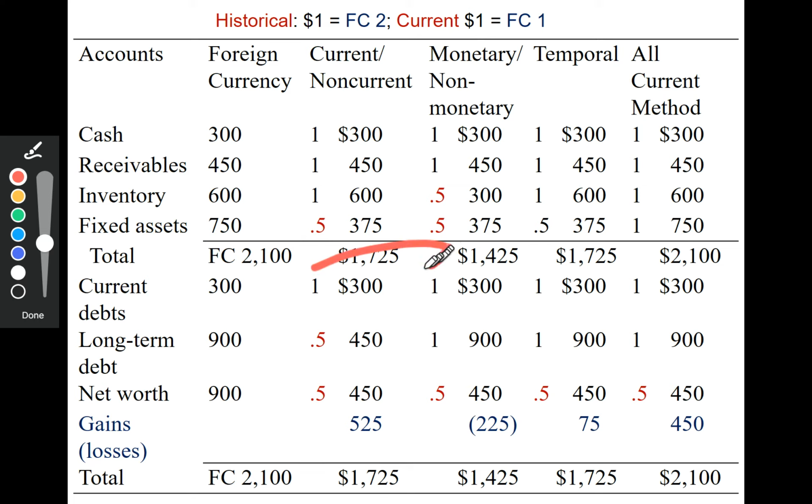I call this cheating for fun. We have this side of balance sheet as 1,725. We know that the balance sheet must balance, so we go and write the other side of the balance sheet as 1,725. Let's put that fun aside. This is one place where a lot of my students make a mistake in the exam time under high pressure.